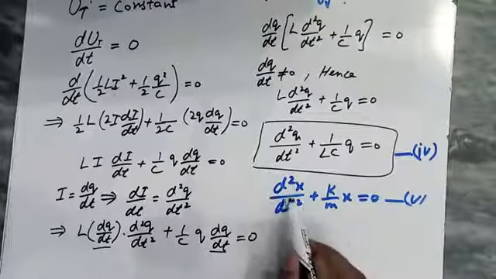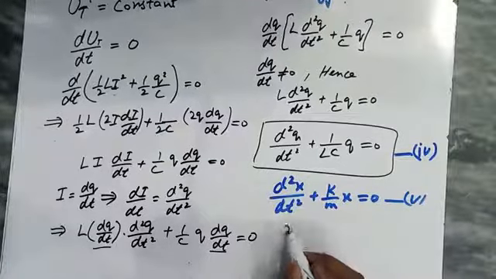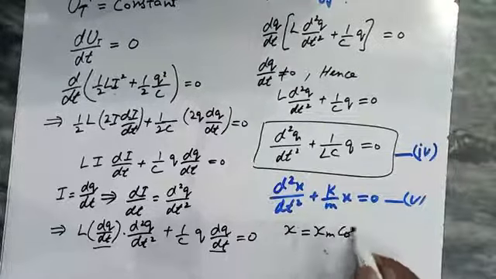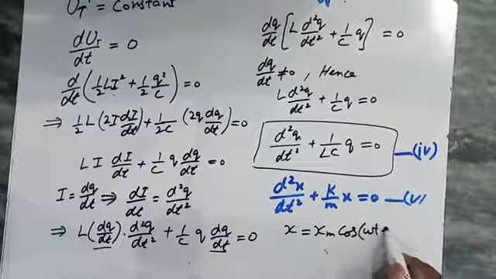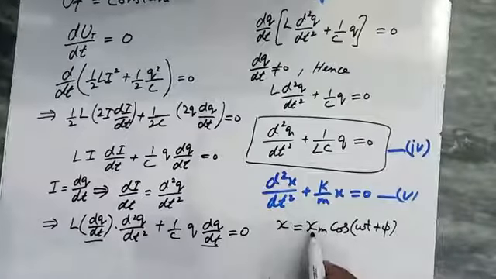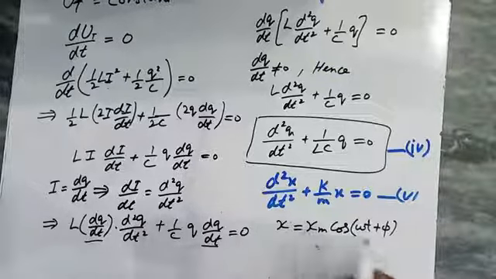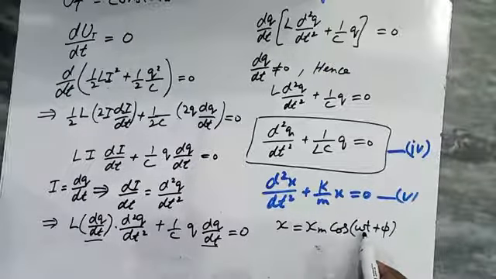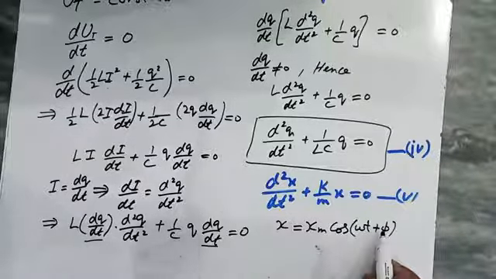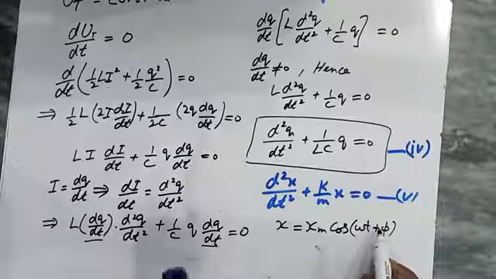The solution of this equation is written as x is equal to x_m cos(omega t plus phi). Here x_m is maximum amplitude from mean position, omega is angular frequency of oscillator, and phi is named as phase constant, or we can say it as initial phase.